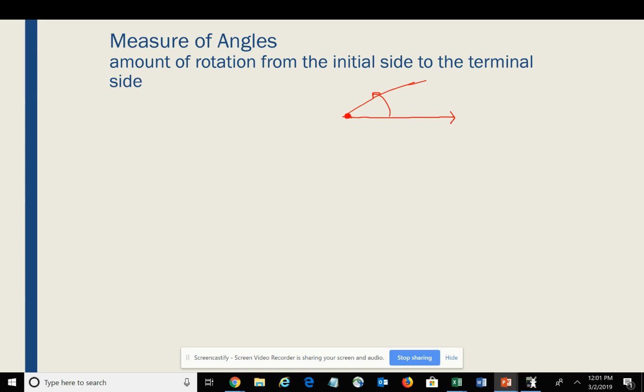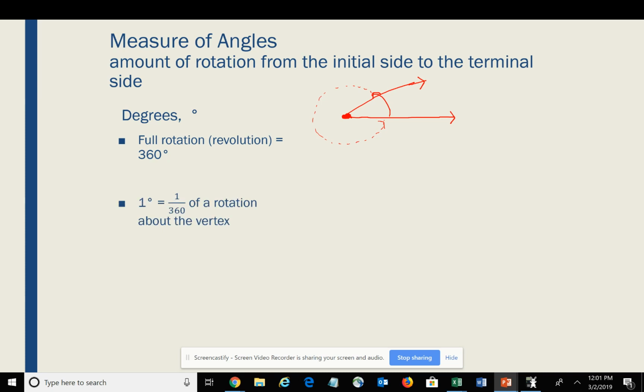I already mentioned in a previous video that one way to measure angles, and probably the one that you're most familiar with, is to use degrees. And we know that a full revolution, if we went all the way around back to the initial side, is a 360-degree revolution.